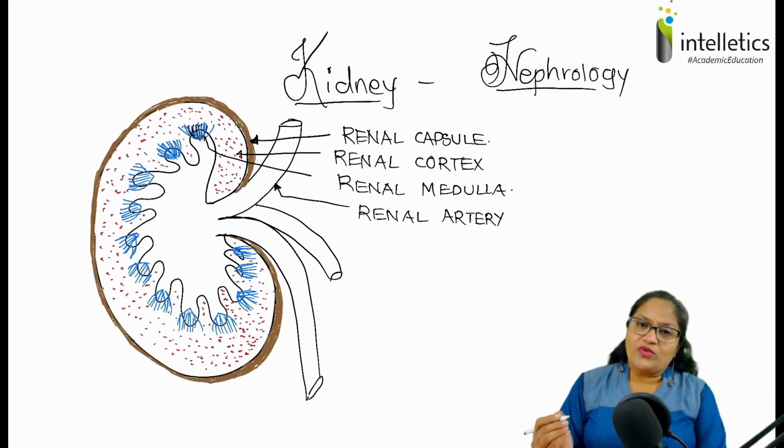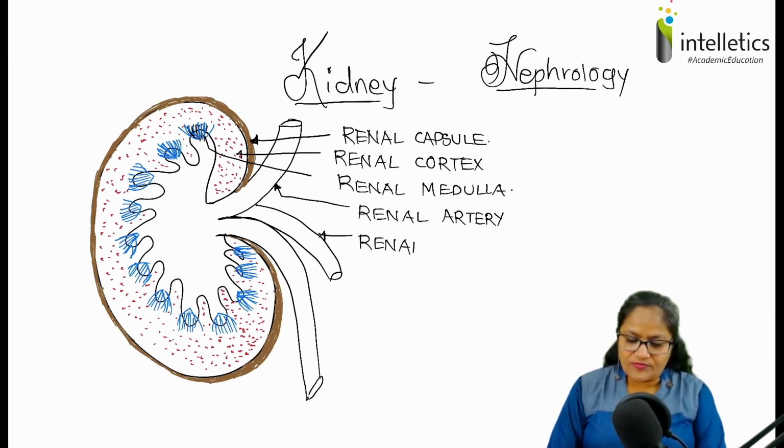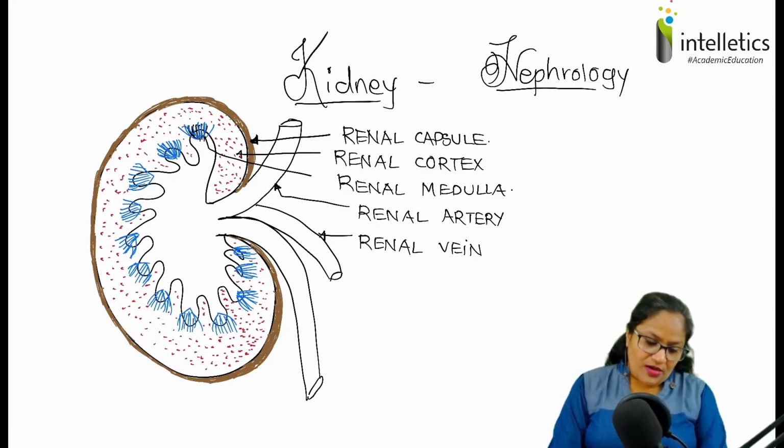Now, just as it is necessary for pure blood to reach every organ, it is equally necessary for impure blood to go out of every organ. And this is going to be done by the renal vein. Okay, this is done by the renal vein. Now what do you see here? Again, I will use up a color here.